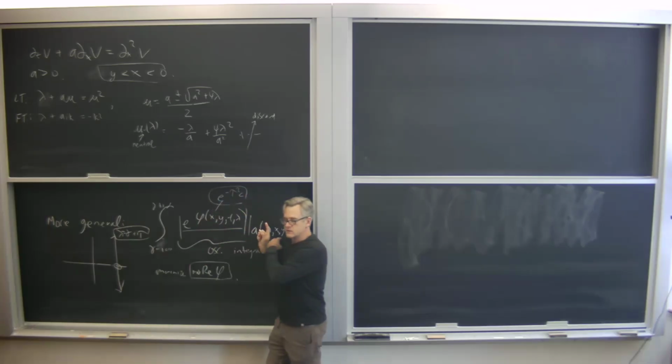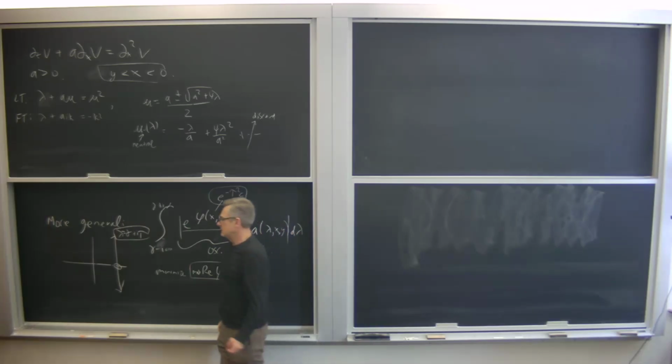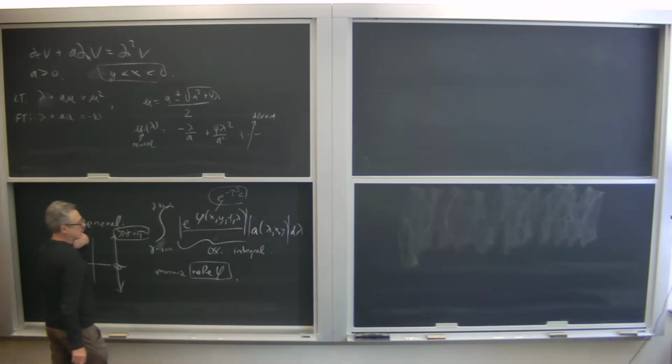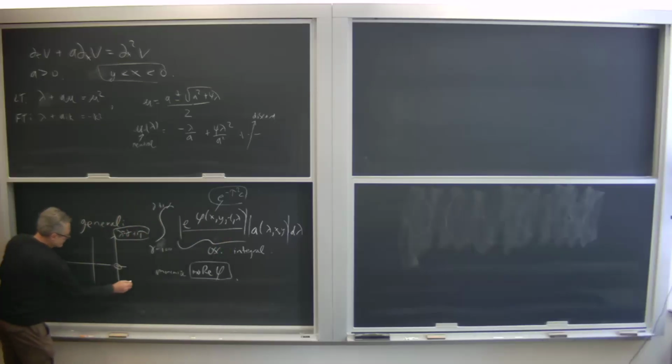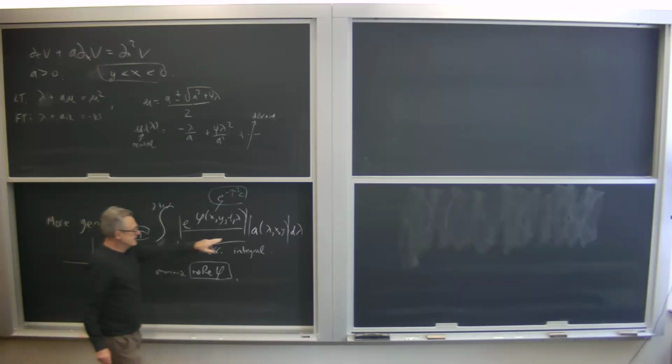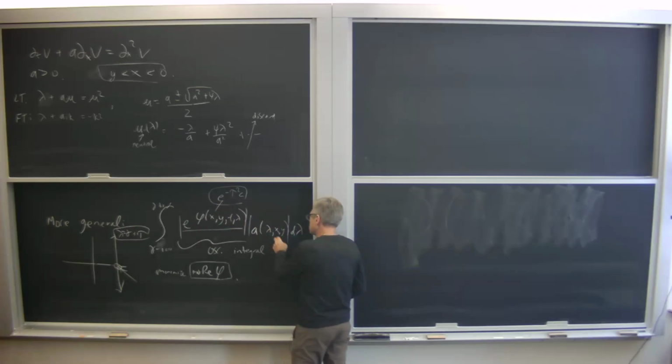It always has a Gaussian drop-off away from the real axis, and so that will always be integrable. So in fact, when we do this kind of estimate, we just get a big constant times the value on the real axis, and there may be powers of lambda.